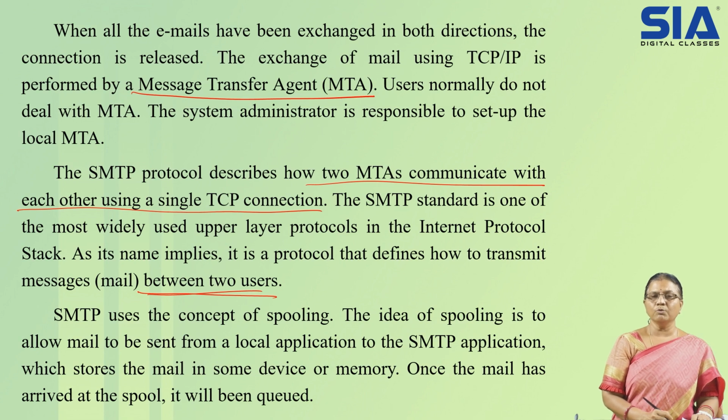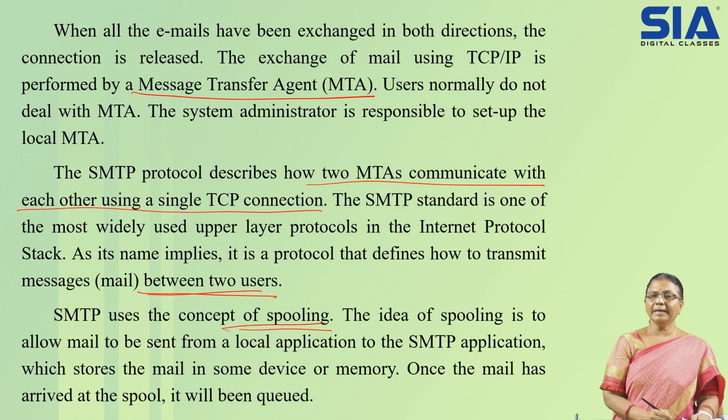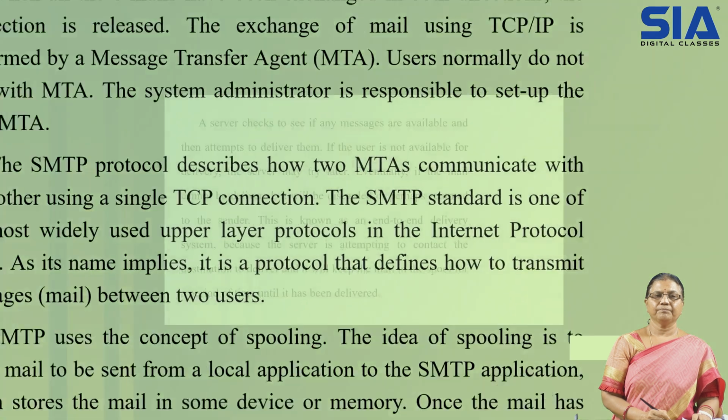Then SMTP uses the concept of spooling. The idea of spooling is to allow mail to be sent from a local application to the SMTP application, which stores the mail in some device or memory. Once the mail has arrived at the spool, it is queued.